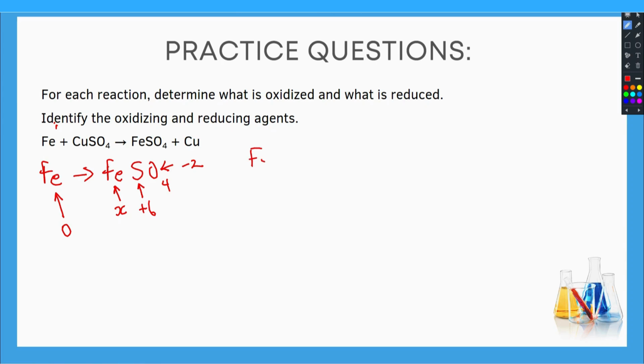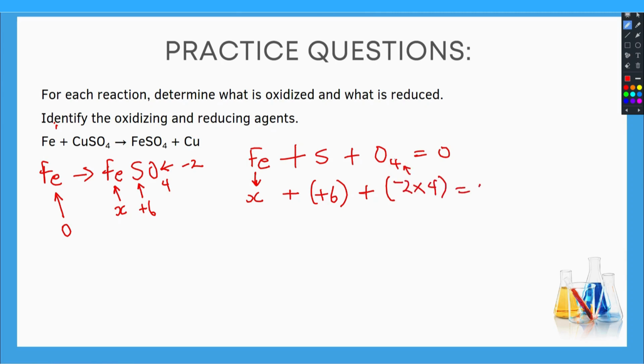It now becomes Fe plus S plus O4 is equal to 0. So now Fe here is X, since we don't know what it is, plus sulfur here is plus 6, plus oxygen here is minus 2, times the number of atoms that we have of oxygen, which is 4, is equal to 0.